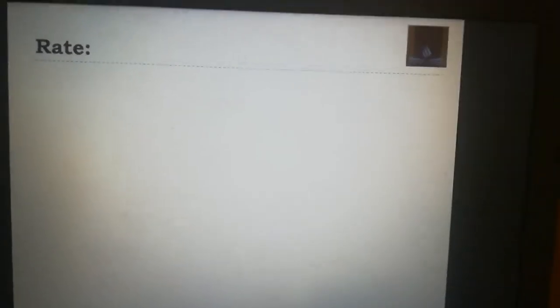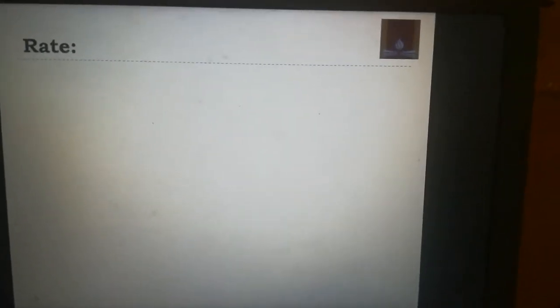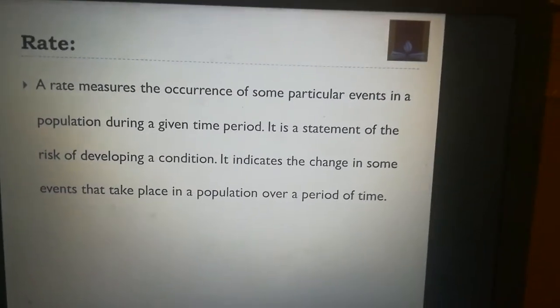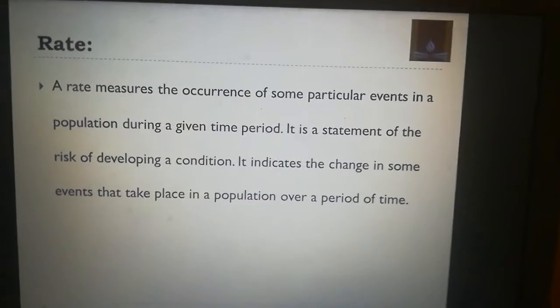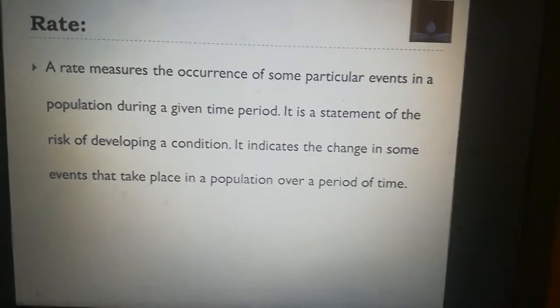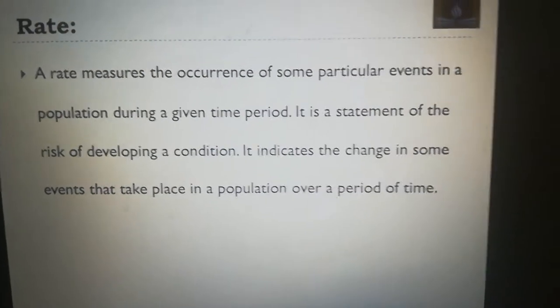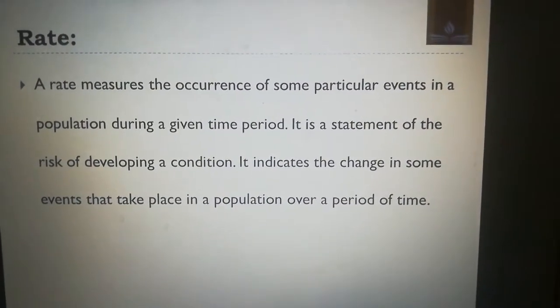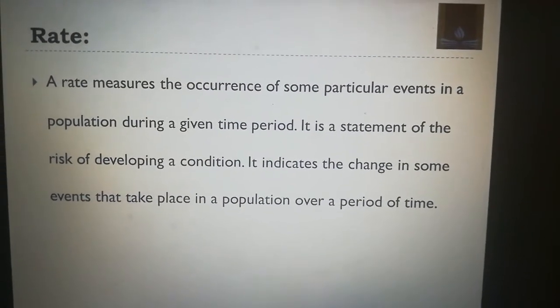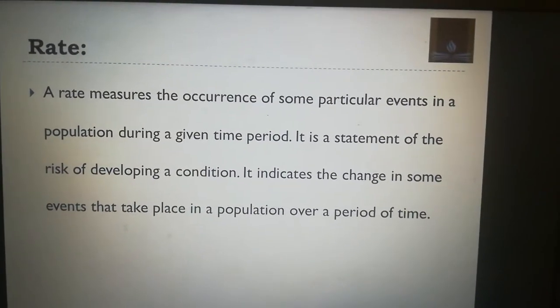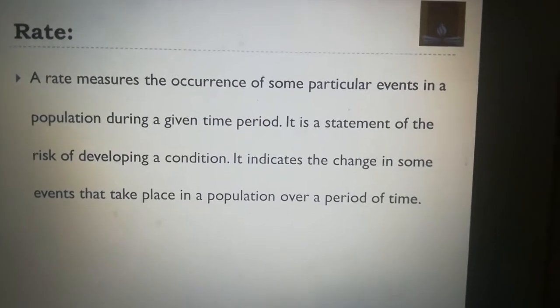The next one is rate. It's a very familiar term and you usually use it. It measures the occurrence of some particular events in a population during a given period of time. On the other hand, we can say it's a statement of the risk of developing a condition. So it indicates change in some event taking place in a population over a period of time.